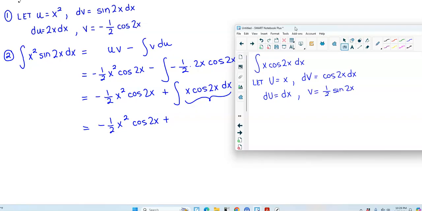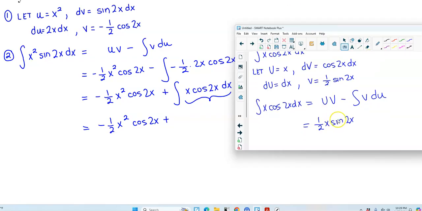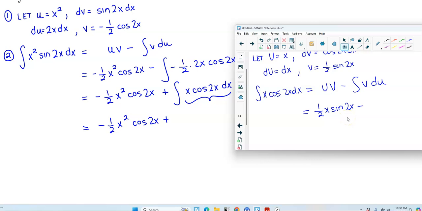And so therefore we're going to get U times V minus the integral of V dU. So we have 1/2 x times the sine of 2x minus V dU, which is going to give us 1/2 times the sine of 2x dx.